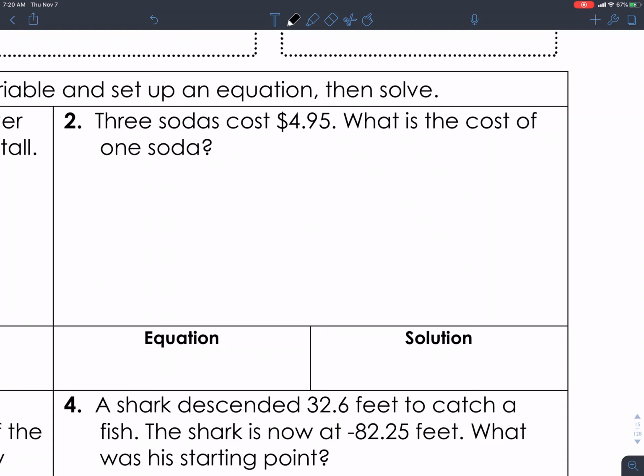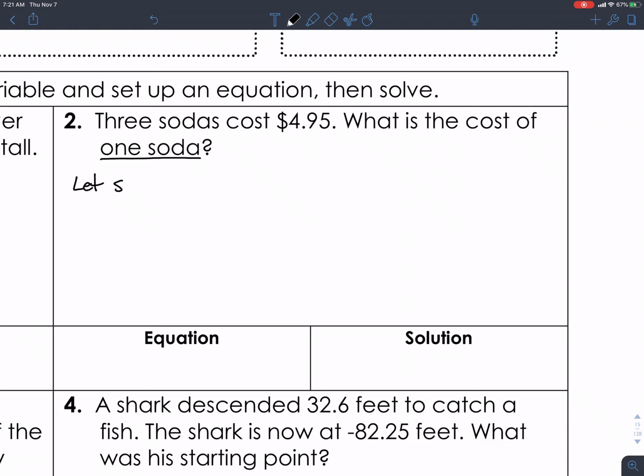Well, right there, that kind of gives us an idea. Here's what they're looking for. What's 1 soda going to cost? Okay, so we know right off the bat, that's the unknown. That's going to be our variable. So let's write our let statement. Let S, let's just use S for soda. I'm not picking anything specific, and it's not going to change the way we solve our equation.